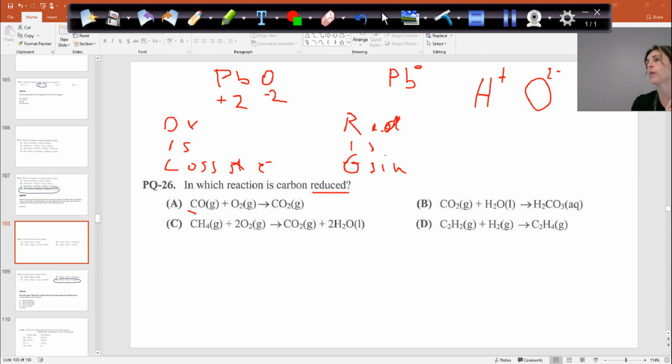It's paired up with one oxygen, which is -2. What would be the oxidation state? Remember, the sum of the oxidation states is to be equal to 0 because that's a neutral compound, right? So if oxygen is -2, what is carbon? +2. Now, if oxygen is -2, what is carbon in here?